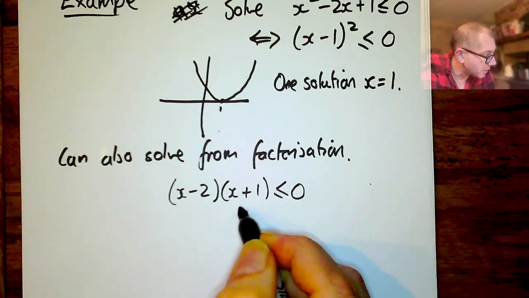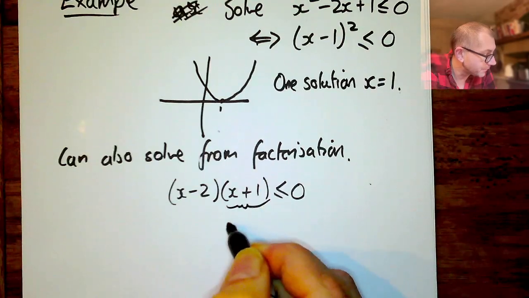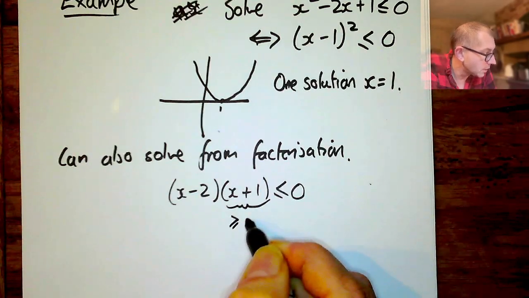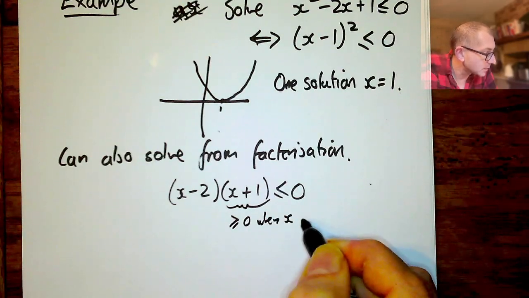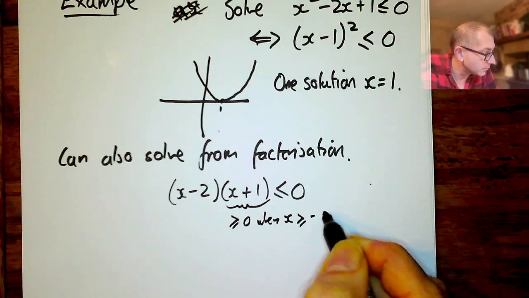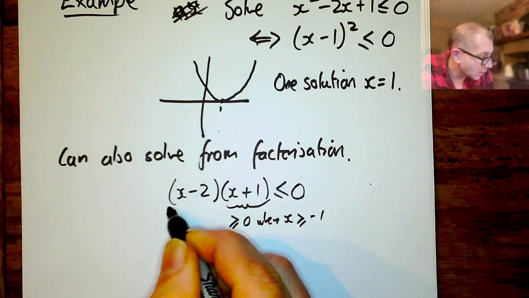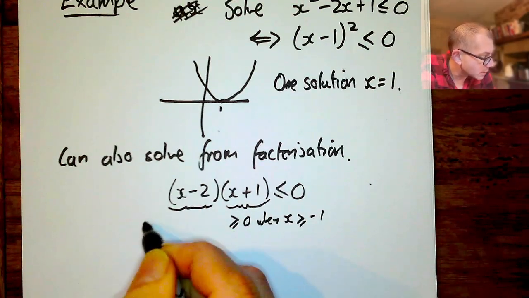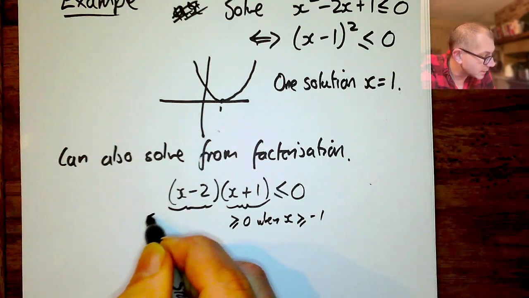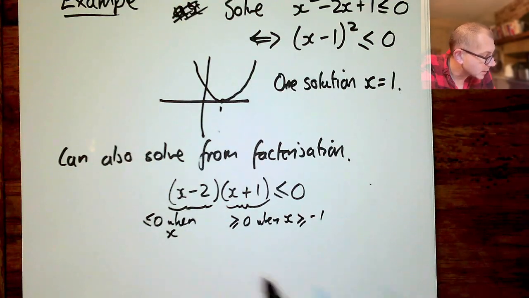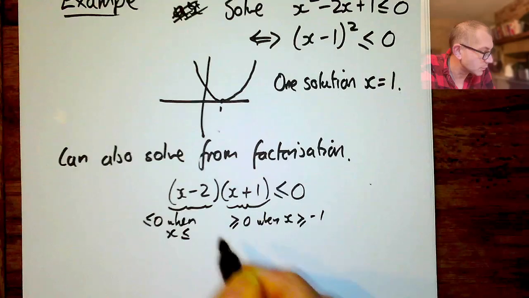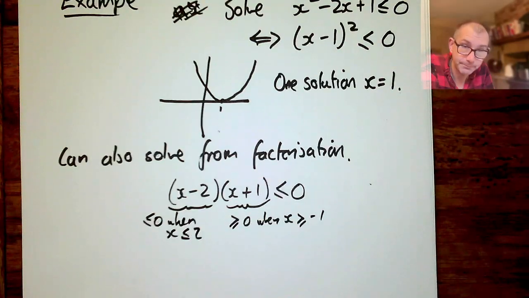Well, x plus 1 is positive when x is bigger than or equal to minus 1, whereas x minus 2 is negative when x is less than or equal to 2.